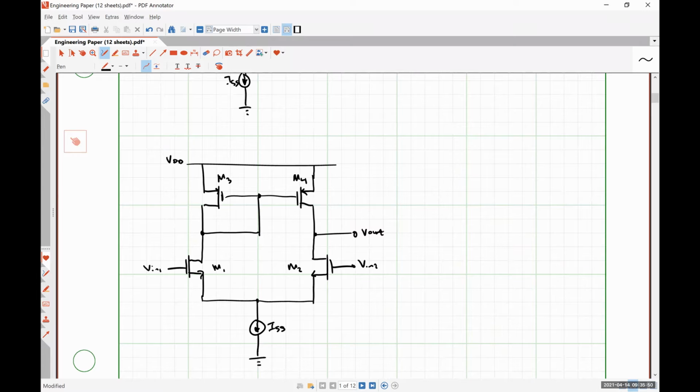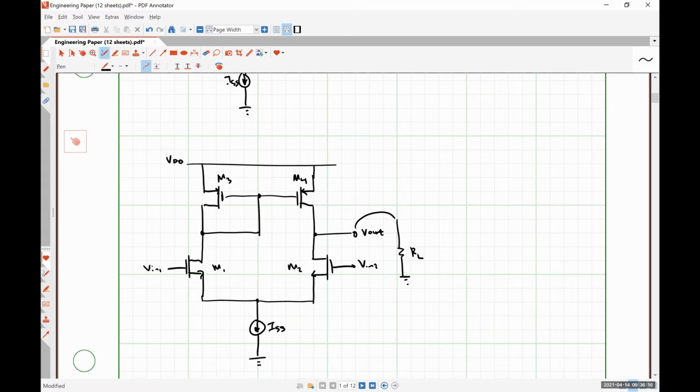Now, what's great about this is we're actually going to get the full gain of our differential pair amplifier with this configuration. And the reason why that happens is, let's imagine that we have some load resistor RL, like so.